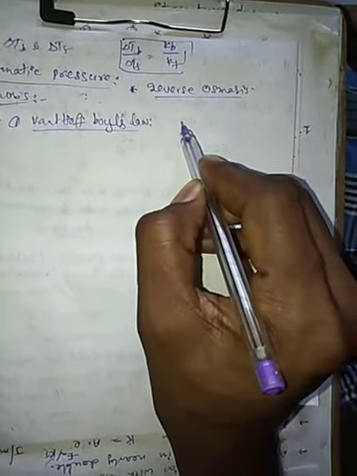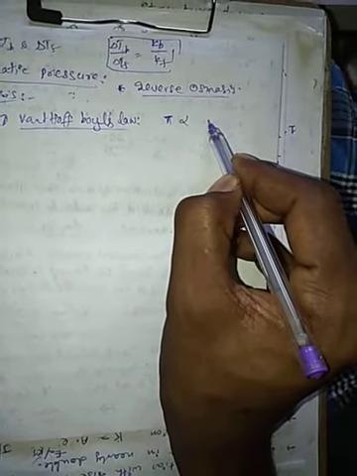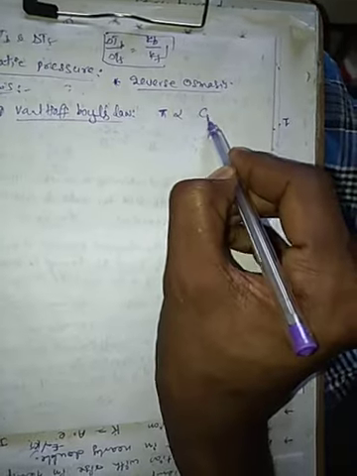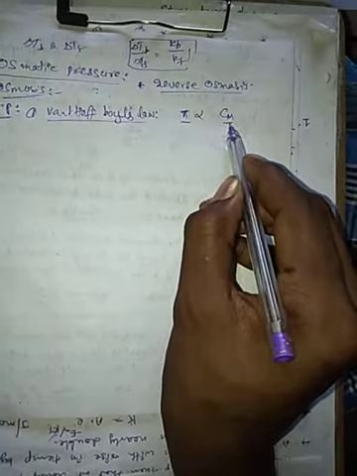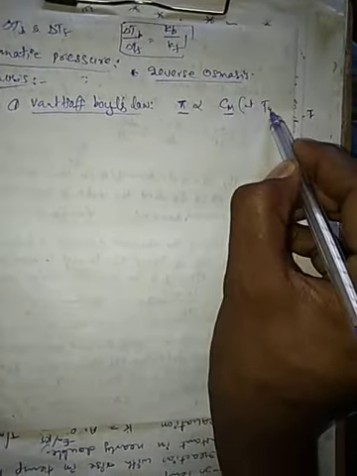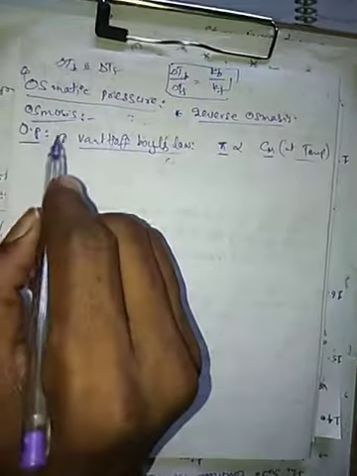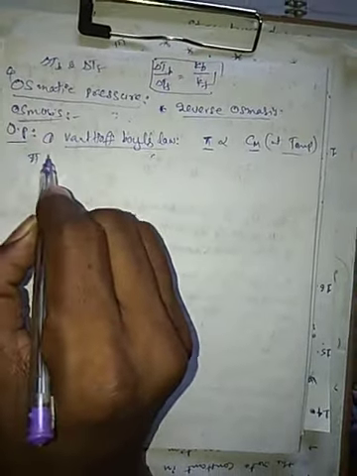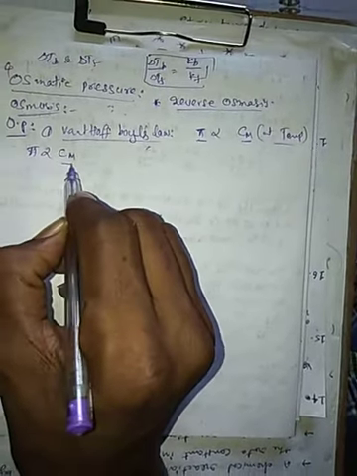At constant temperature, the osmotic pressure is directly proportional to its molar concentration. Osmotic pressure is represented as pi, molar concentration symbol Cm. This is called Van 't Hoff Boyle's law. From the Van 't Hoff Boyle's law, pi is directly proportional to Cm, molar concentration, at constant temperature.